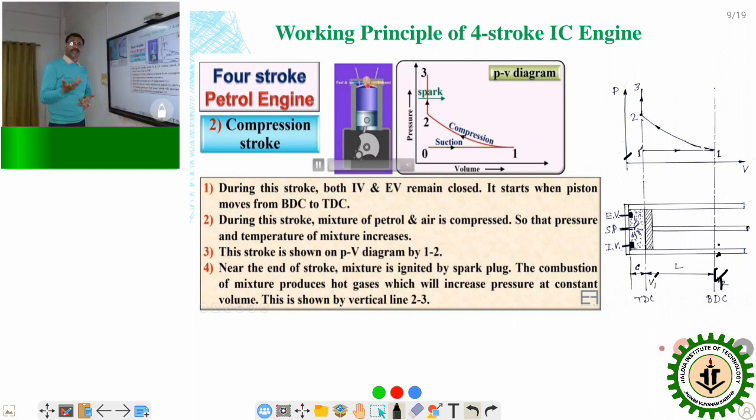Also the heat energy is transformed into pressure energy, and this pressure mechanically pushes the piston backward. So the first stroke is stroke 1, this is the compression stroke 1 to 2, and this is stroke 2.